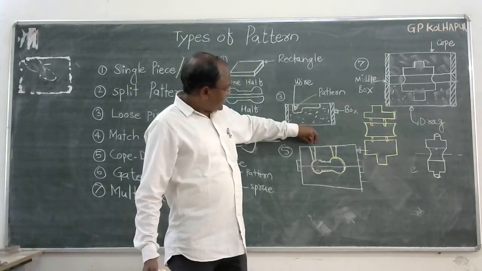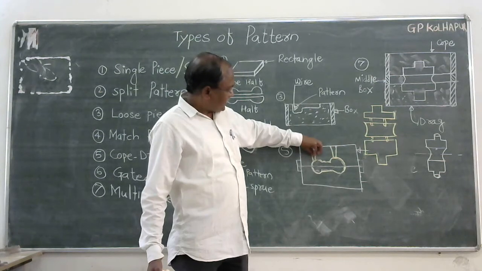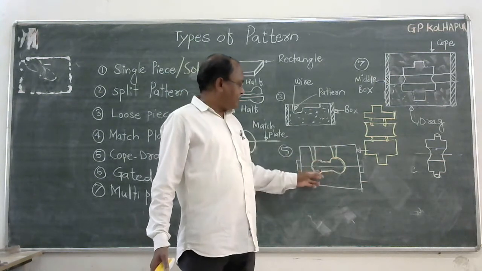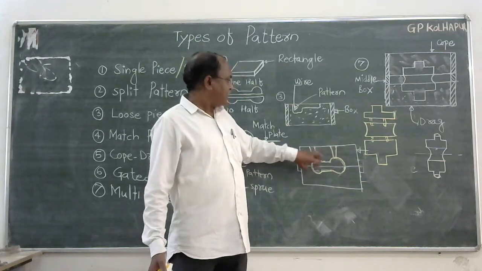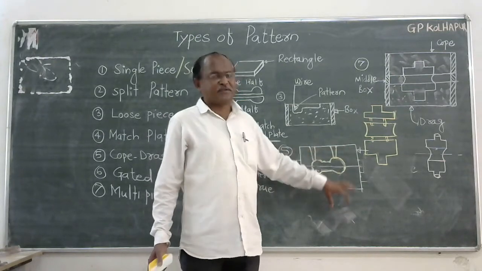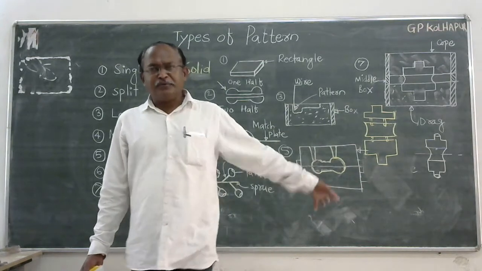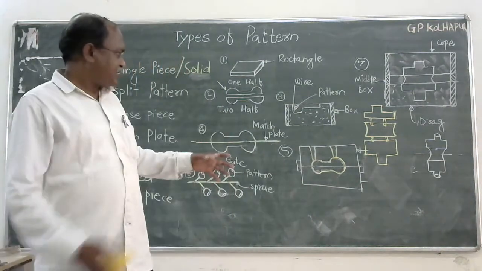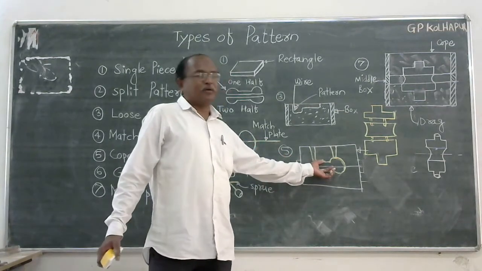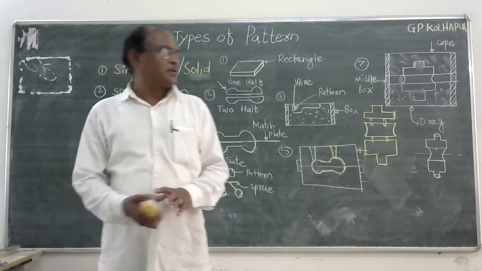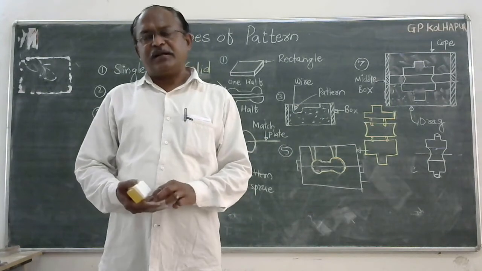Then take the molten metal, pour it through the runner, it fills all the cavities and rises to the riser, and after solidification and after removing the cope and drag and destroying the sand mold, you will have the cast product. So this is all about the various types of patterns.